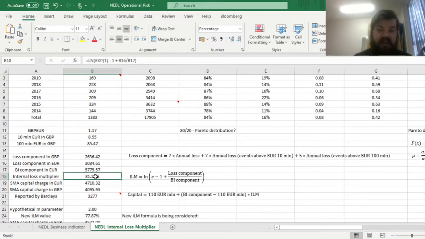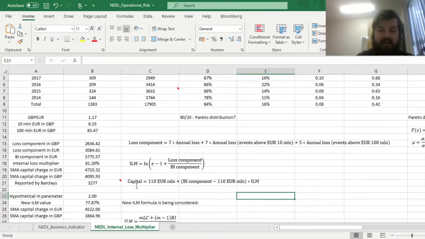And finally, we can figure out our capital charge in euros and in pounds, and it's generated by this formula. Again, this formula is used for banks falling into buckets 2 and above. So bucket 1 would be just based on the business indicator without any internal loss multiplier calculations.